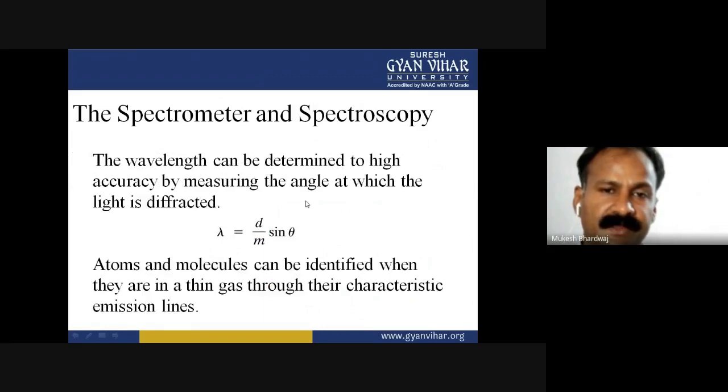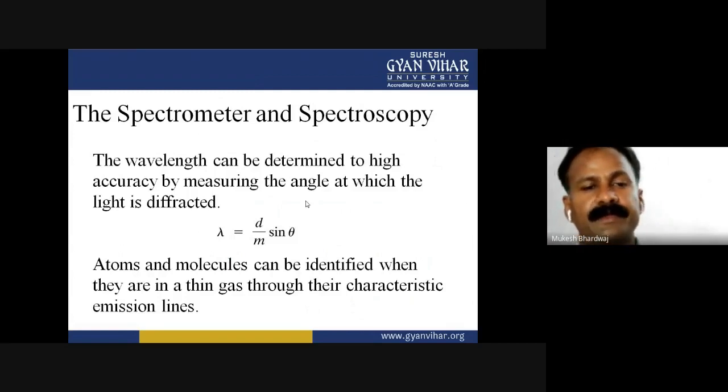The wavelength can be determined to high accuracy by measuring the angle at which the light is diffracted. The wavelength is given as d by m sin theta. Atoms and molecules can be identified when they are in a thin gas through their characteristic emission lines.